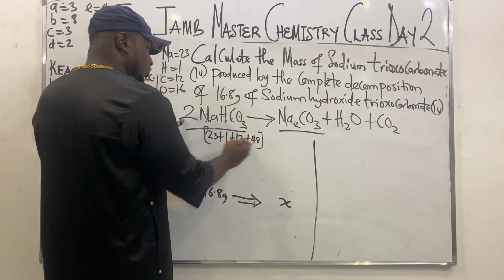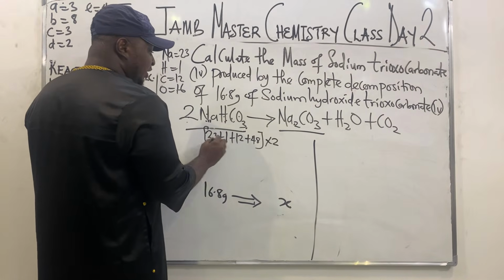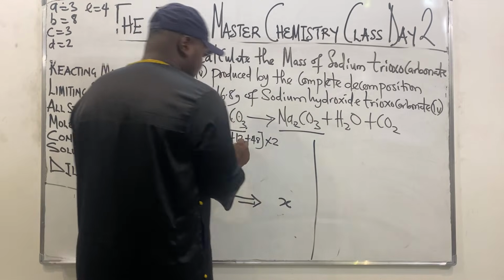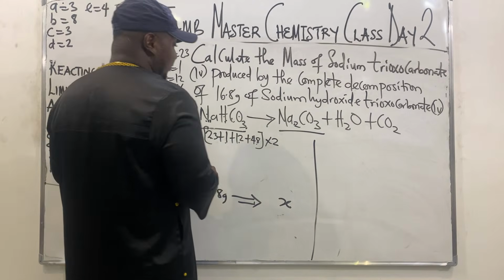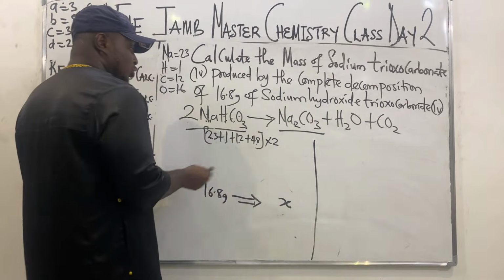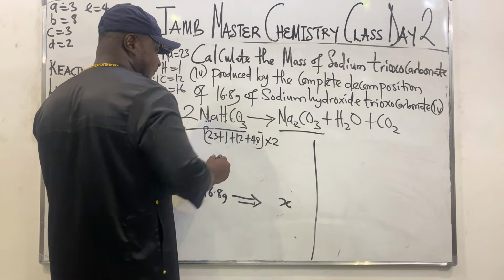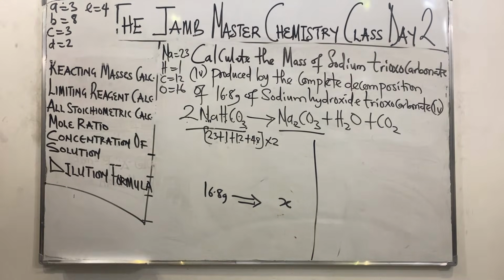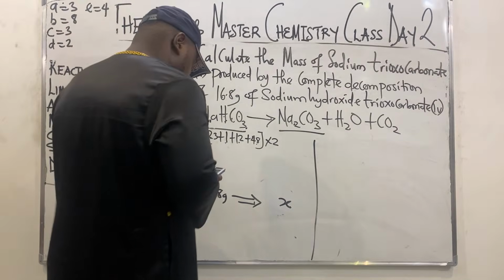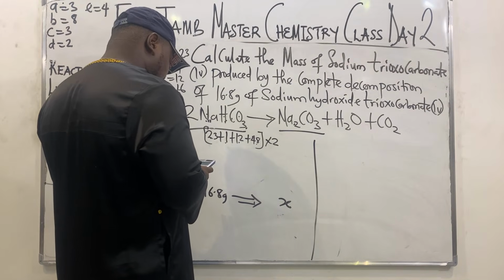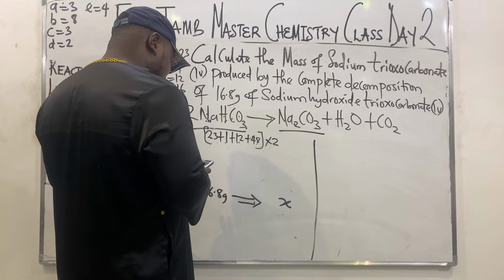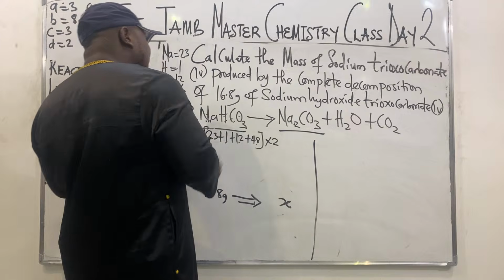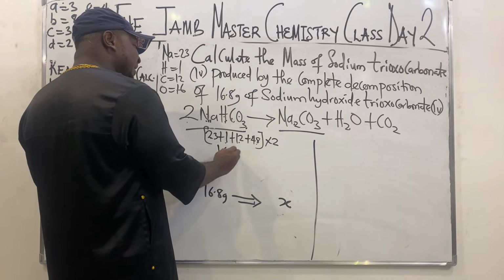Everything multiplied by 2. 23 plus 1 is 24, 24 plus 12 is 36, 36 plus 48 should give you 84, I think. 84 times 2, let's use a calculator. 23 plus 1 plus 12 plus 48 equals 84, yes, times 2 equals 168. So the total mass of this guy is 168 from the balanced chemical equation.